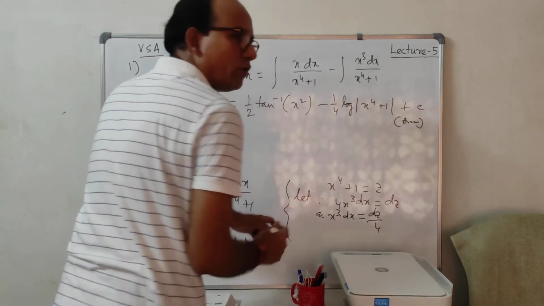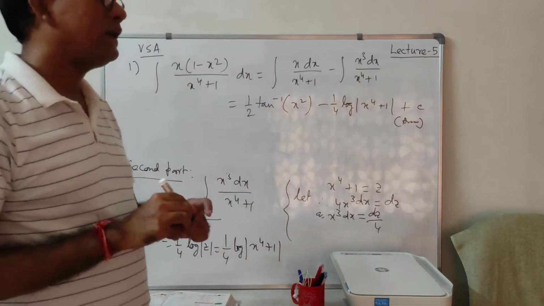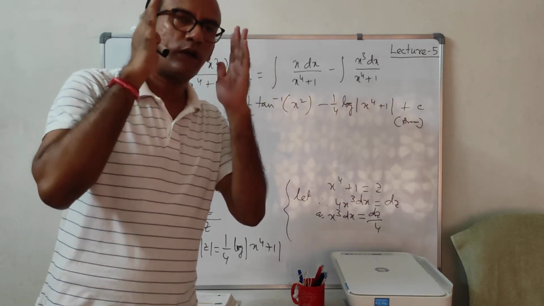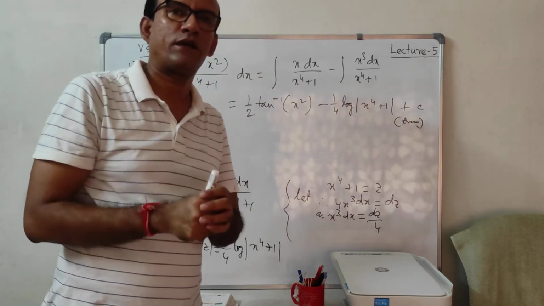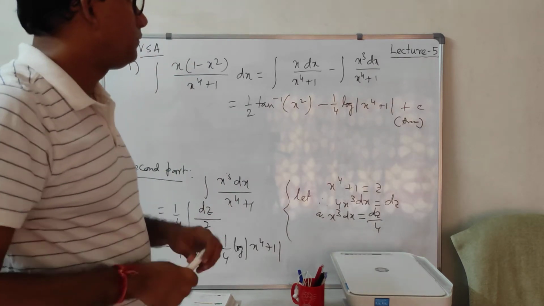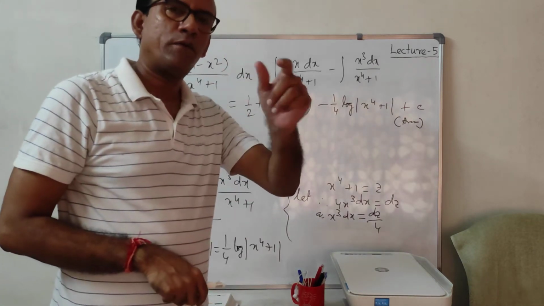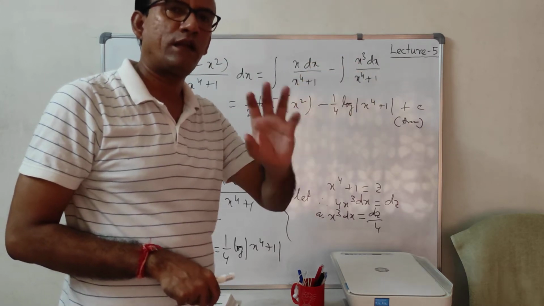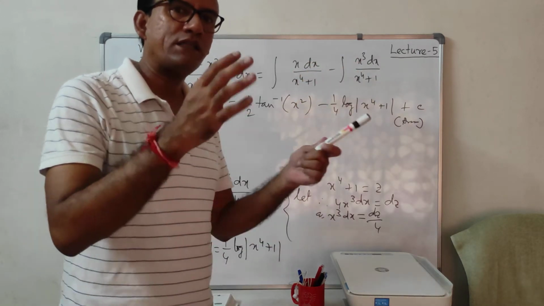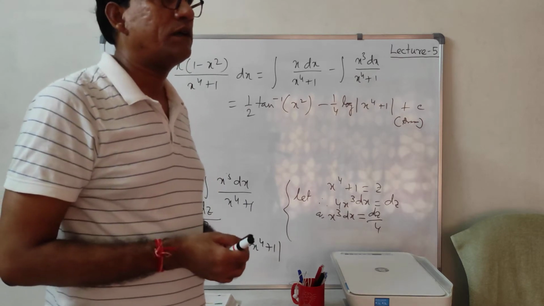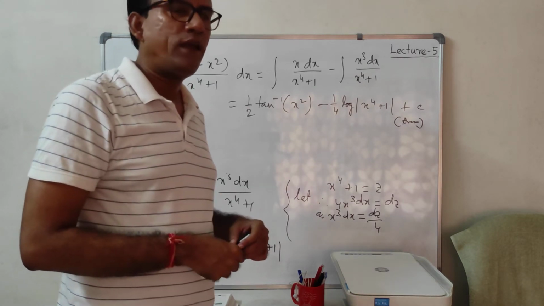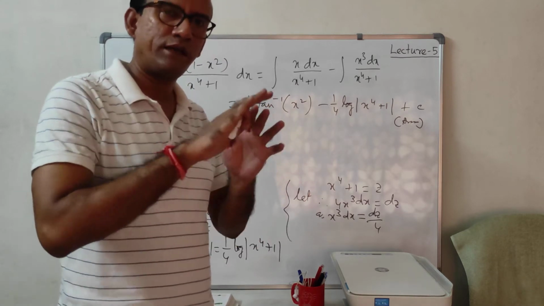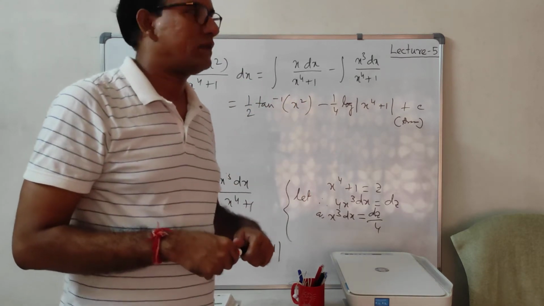Here, you have to note one thing. Why do we put the modulus sign after logarithm each time? Because we know the logarithm of any negative number is an imaginary number. But in class 12 we are not dealing with calculus of imaginary numbers.